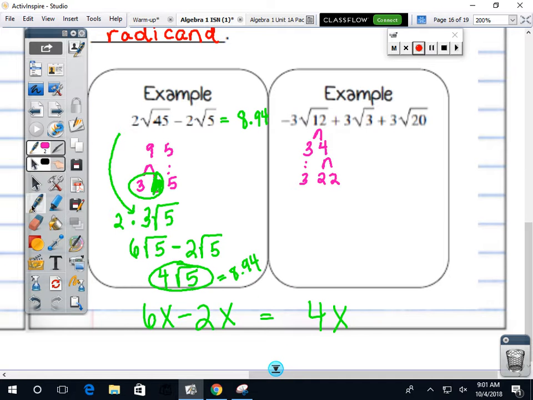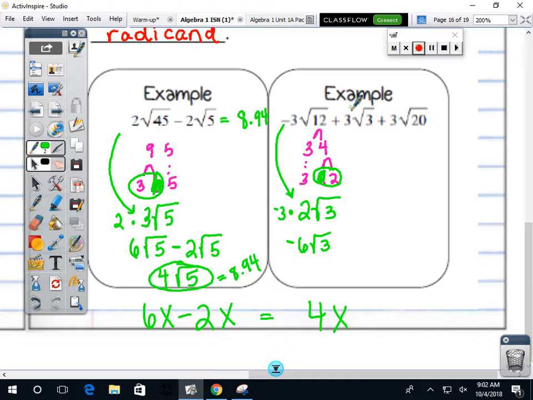Now we are ready to circle, kill, and kick out because all 3 of those are prime. So circle up the 2's, kill 1, kick 1 out. 3 gets to still live in the house. And then what do we do? Multiply it by the negative 3 on the outside. And so the final answer becomes negative 6 square roots of 3, correct?